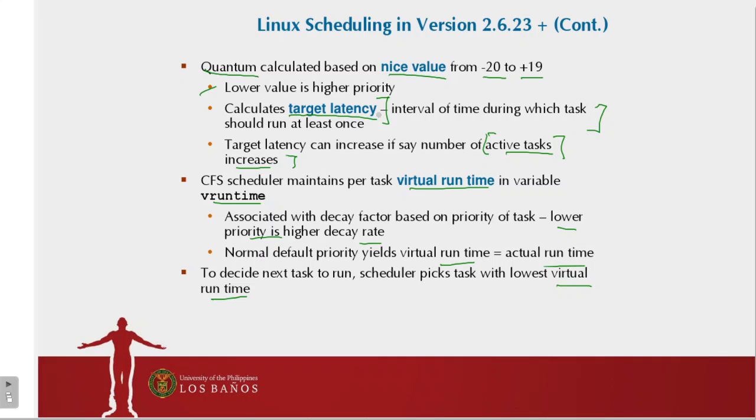And it has some computations, but I will just leave that to you. There's a reading on the details of the CFS. You can do this by reading the Understanding the Linux Kernel book. So the details of this scheduling algorithm are discussed there.